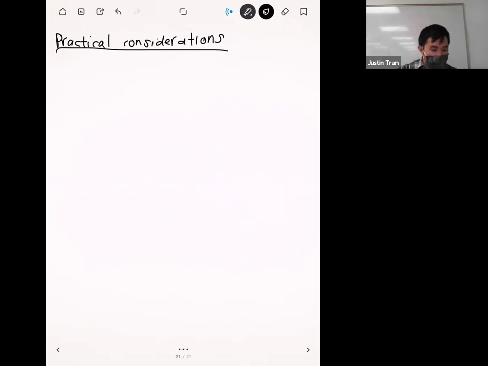The number one most important thing for applying boundary conditions is that they have to be physically consistent, or physically accurate, to the situation that you're trying to model.